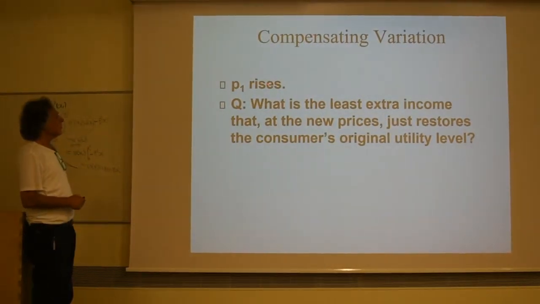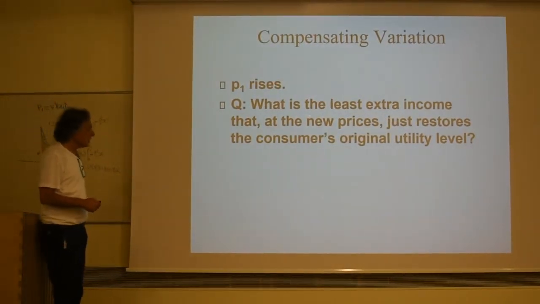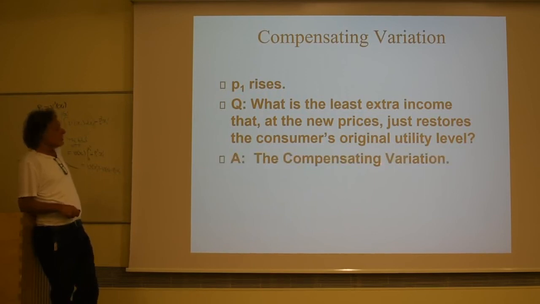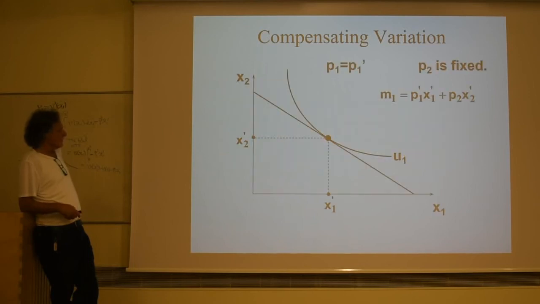Let's say P1 rises. Question: what is the least extra income that at the new prices just restores the consumer's original utility level? Maybe I'll give you an example. But first, the compensation, that is called compensating variation. What is it?